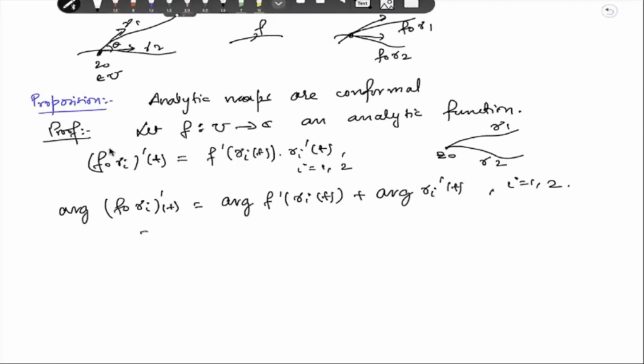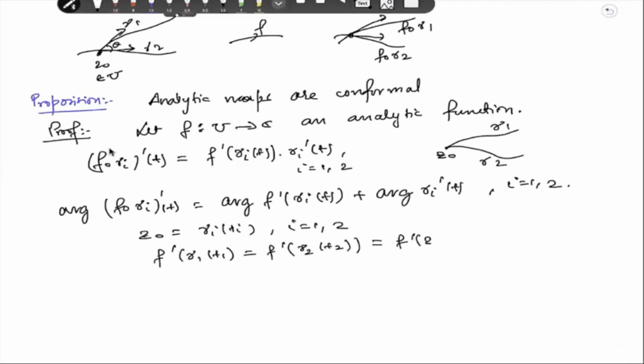Now it is given that this z0 is equal to gamma i(t i), where i is equal to 1, 2. So therefore f prime(gamma 1(t1)) is the same as f prime(gamma 2(t2)), which is nothing but f prime(z0).